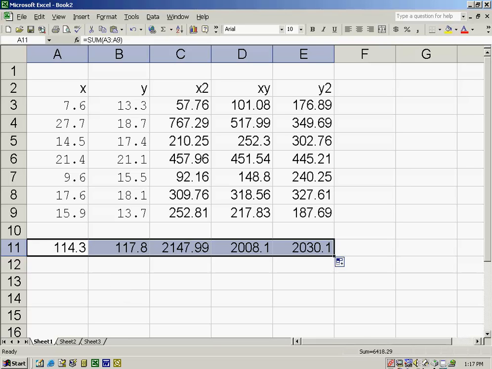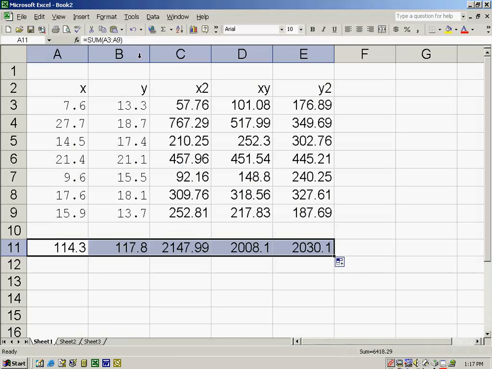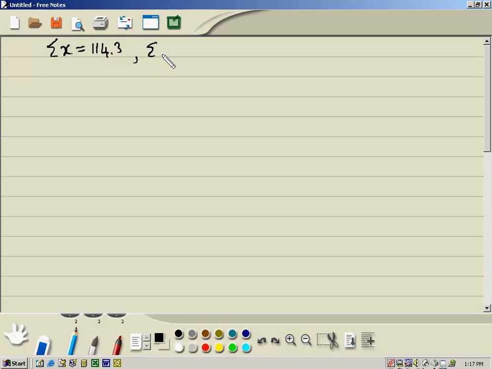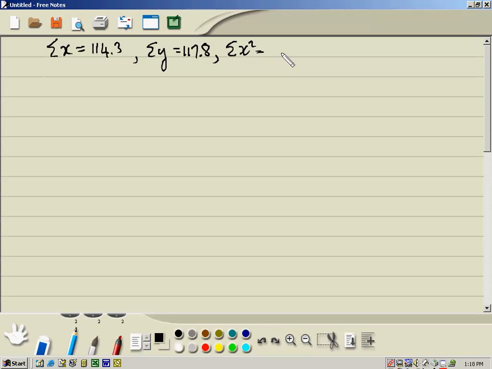Alright, let's transcribe all this information to another page. First of all, sigma x is 114.3. Sigma y is 117.8. Sigma x squared is 2147.99.